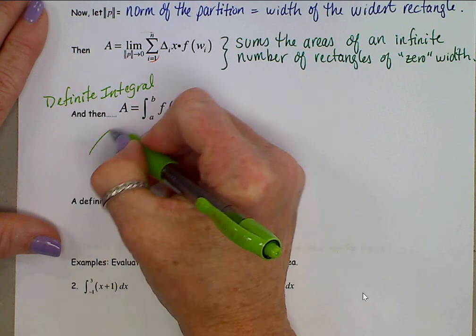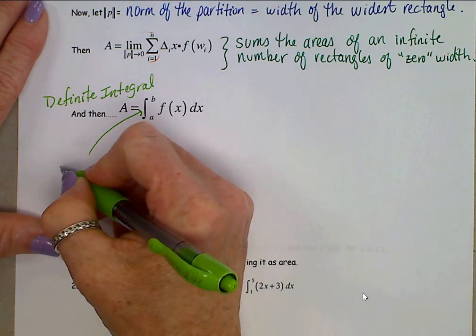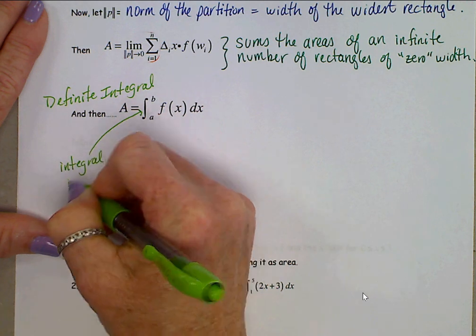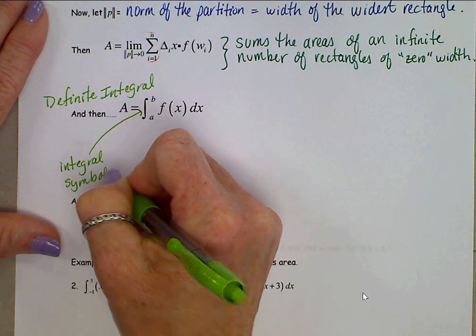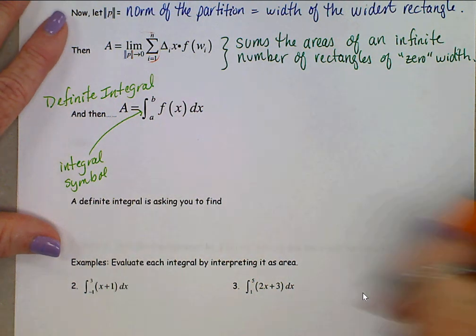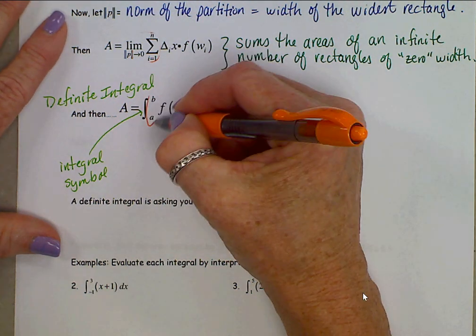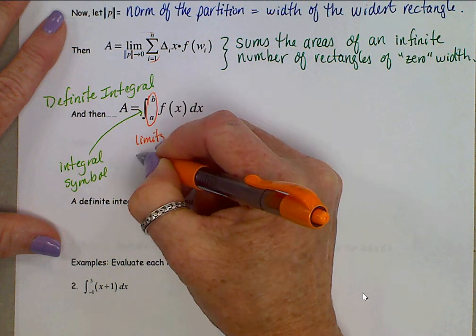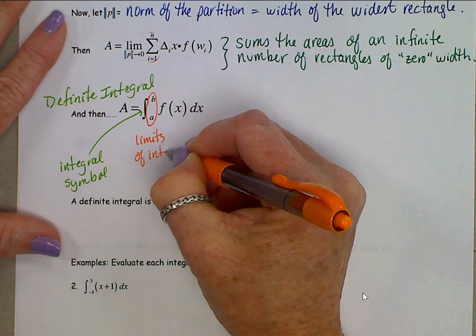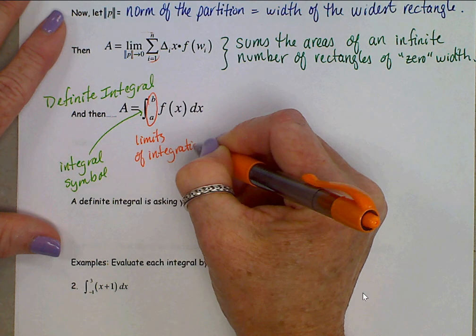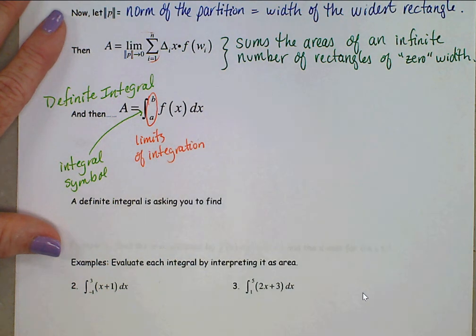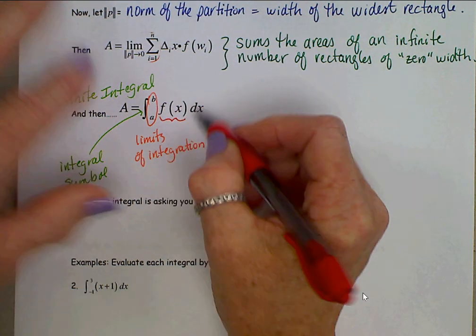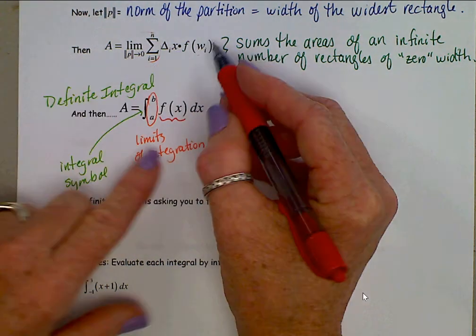Where this elongated S is called the integral symbol. The a and the b here are called the limits of integration. The f of x is just like this f of w sub i.